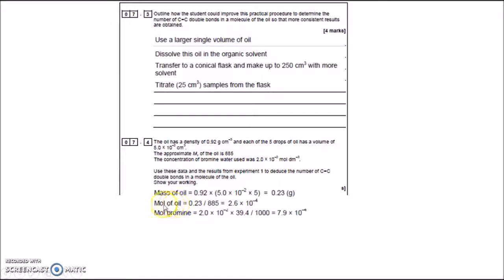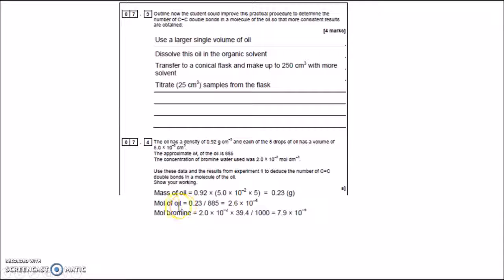Use this data to determine the number of carbon-to-carbon double bonds. Well, 1 mole of oil should react with 1 mole of bromine water, but only if there's 1 double bond in there. So it's actually the bromine water that has reacted with the double bond.